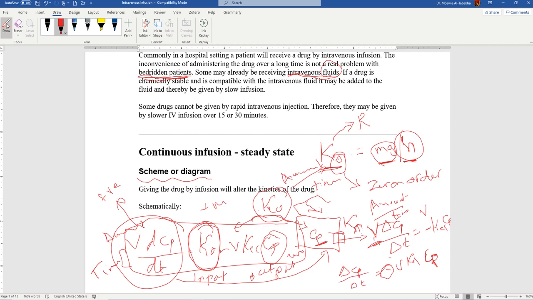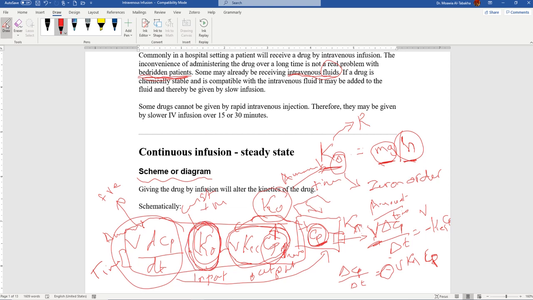As concentration increases here in the central compartment, the rate of elimination will start to increase. This is constant. This is constant. So this starts to increase. The rate of elimination increases until it is equal to the rate of input.